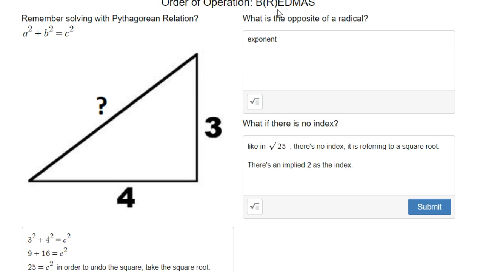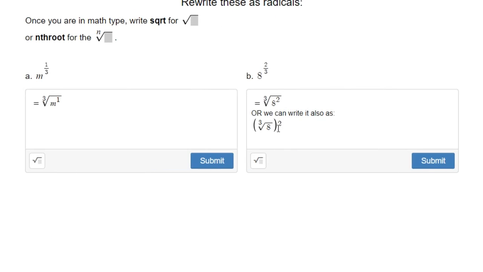So you could do the radical first or the exponent first, as long as you're going from left to right. Now, because this is all done in one step, I could say I'd like to simplify the radical and then apply the exponent. Or you could say, I'm going to apply the exponent and then solve the radical.